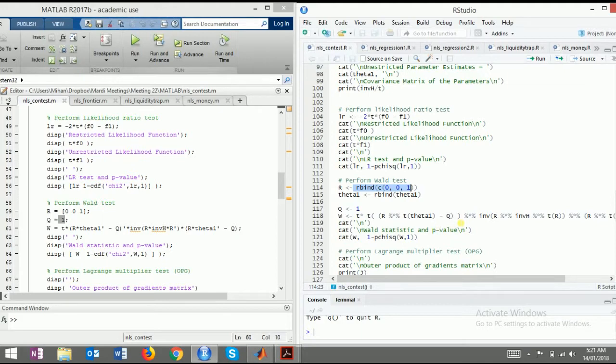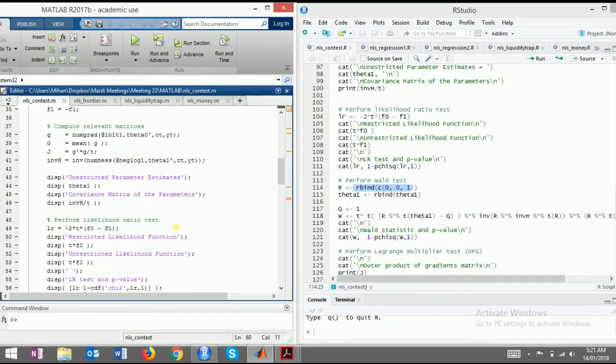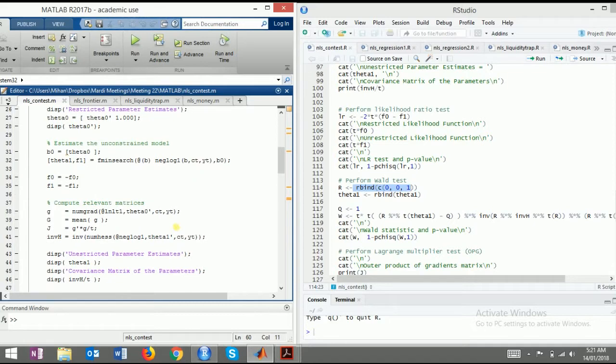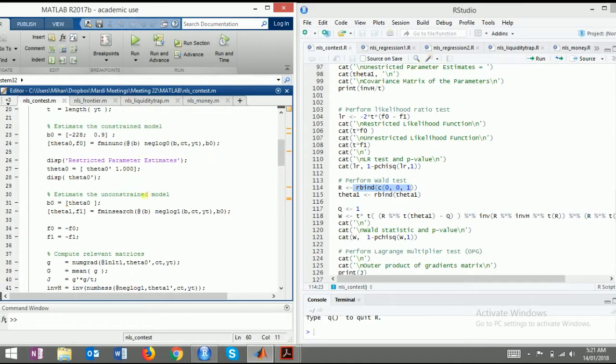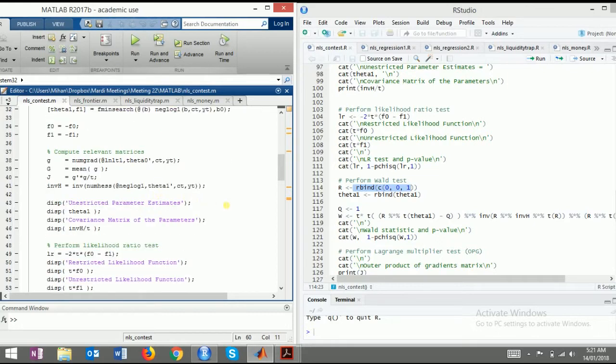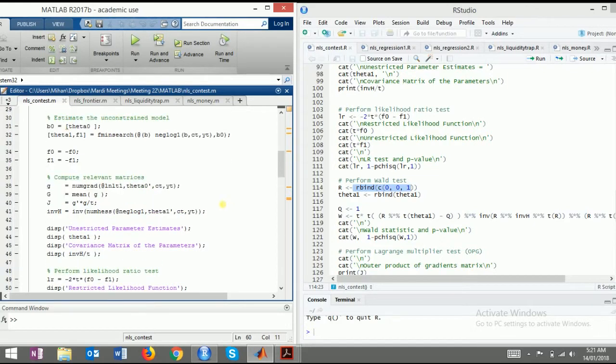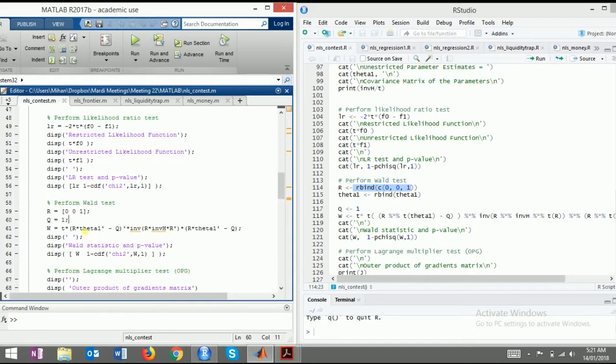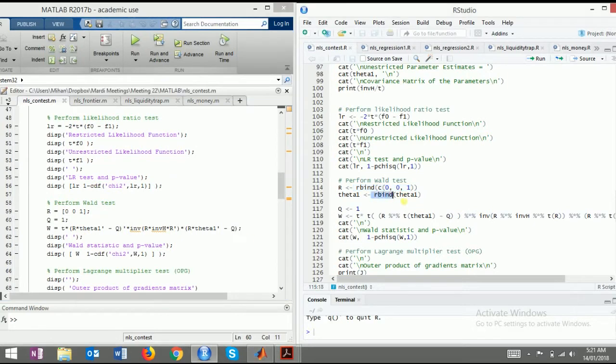Theta 1 was probably presented in rows, that is being converted to a column vector. That's why we're doing this. Row bind should basically bind stuff in rows.